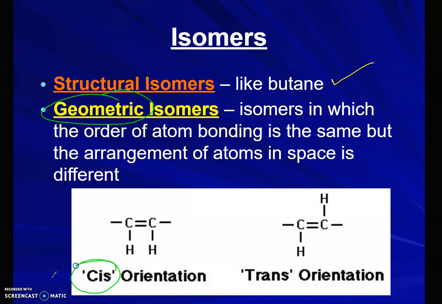You can have a cis orientation or a trans orientation. And cis and trans have lots of meanings. In chemistry, cis means same, which is usually the same in our general vernacular, and trans means opposite. Okay, so if somebody is transitioning, they're going from one side to the other.